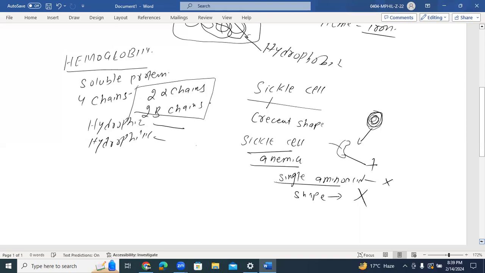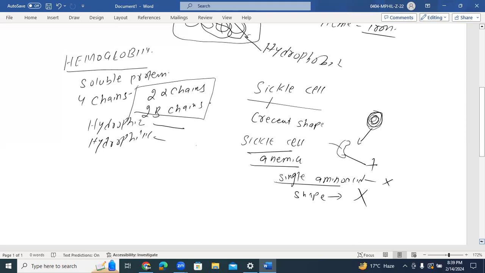So what we have learned here is that proteins are very much specific. The mutation of hemoglobin is at the beta chain, remember, it is a change at the level of the beta chain, not the alpha chain.